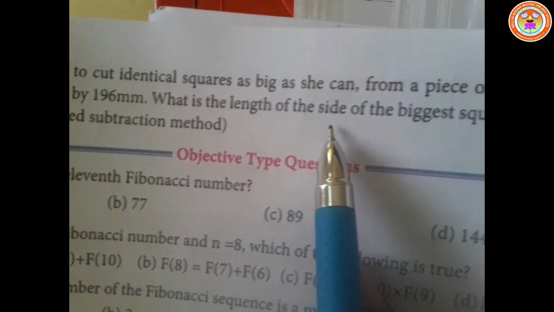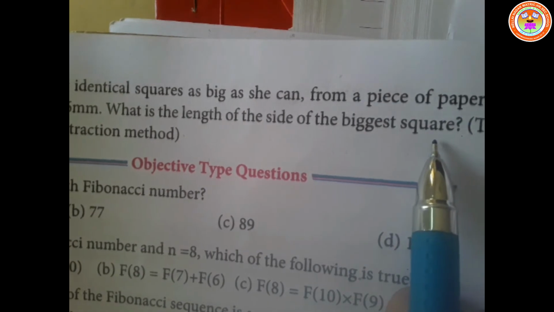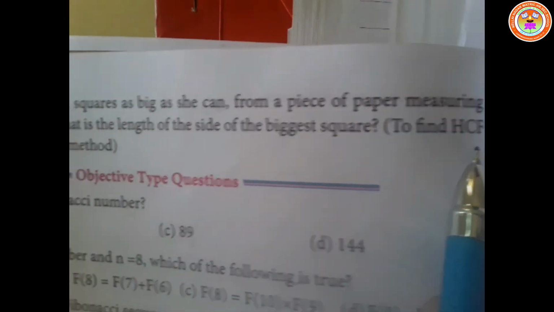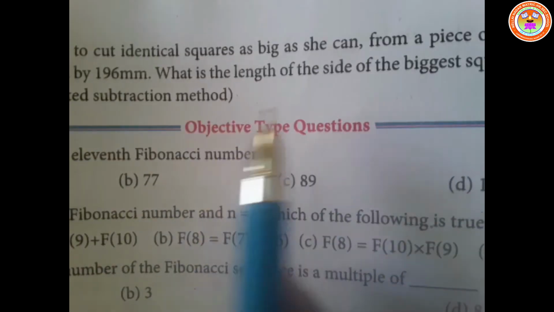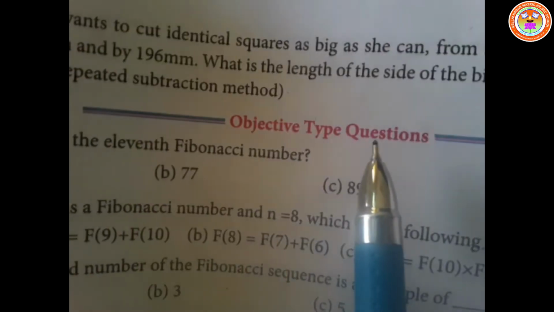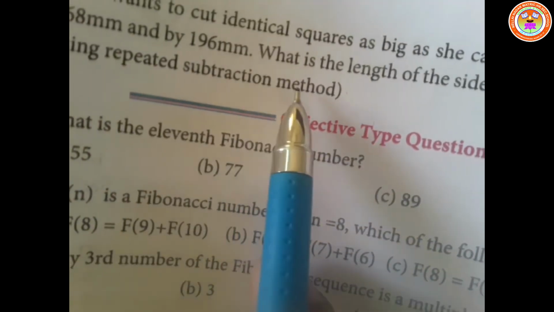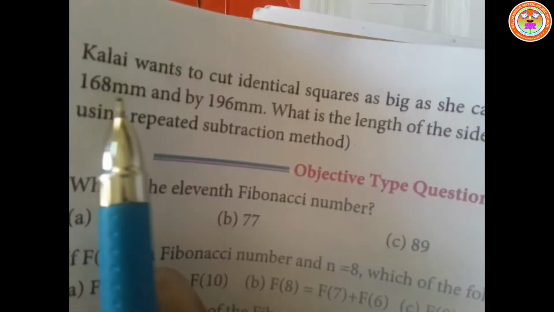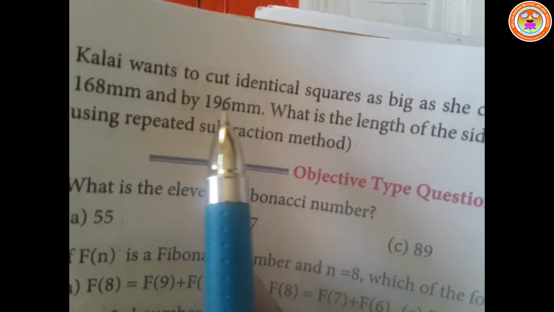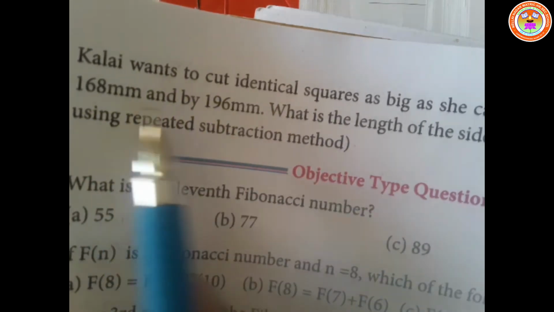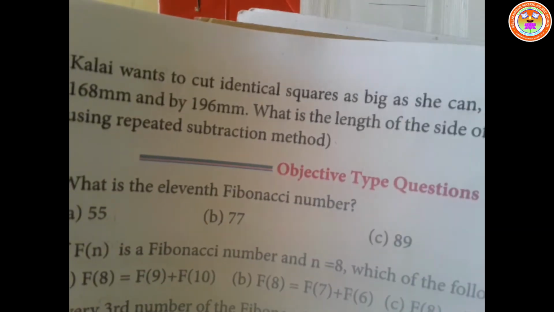What is the length of the side of the biggest square? To find HCF, use repeated subtraction method. This is the question given. So we are going to use the repeated subtraction method, and the numbers are 168 millimeter and 196 millimeter. So these two numbers we are going to find the HCF.